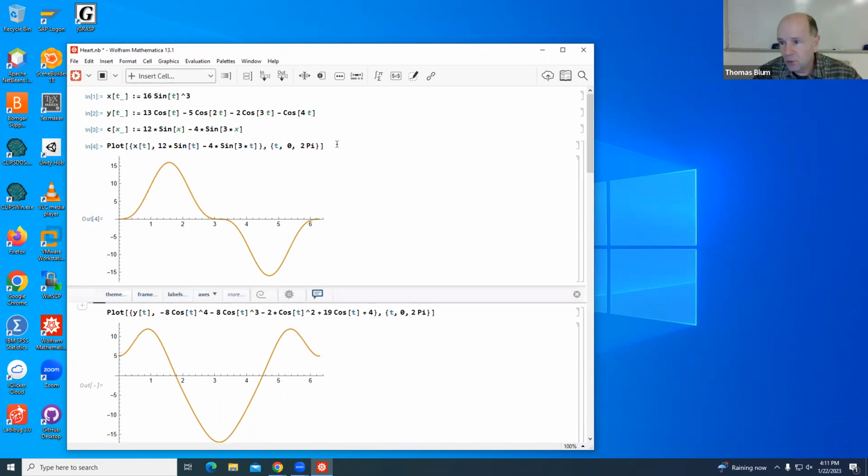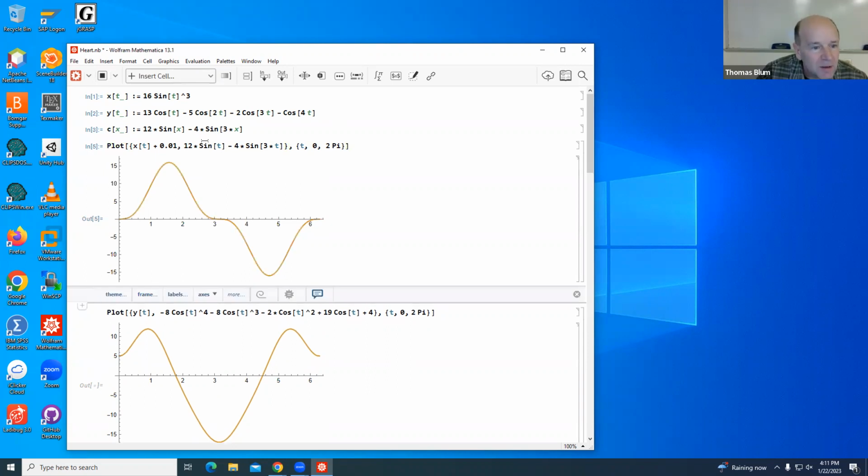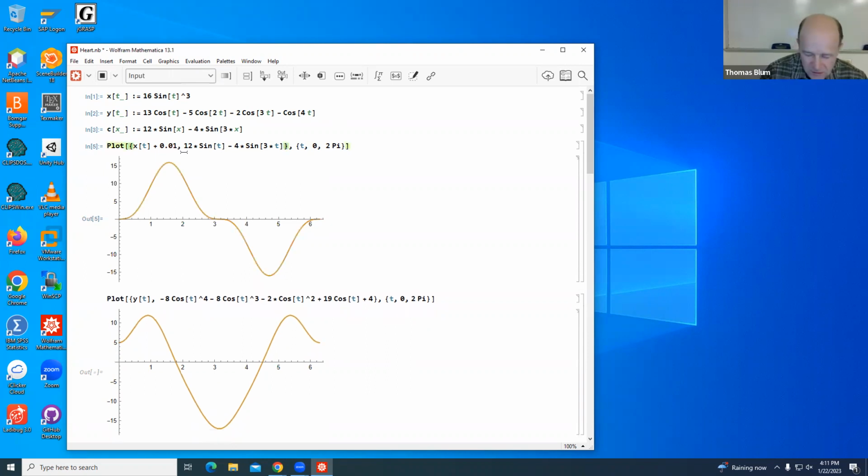And we see one equation, which means that the two equations lie on top of one another, that they are the same. And I can show that if I come in here and add just the teeniest little bit to shift one away from the other. Maybe a little bit more. 0.1, is that enough to see?